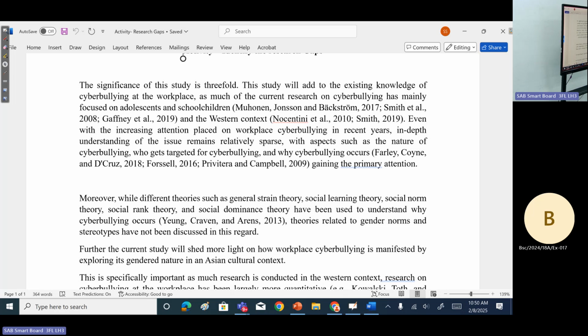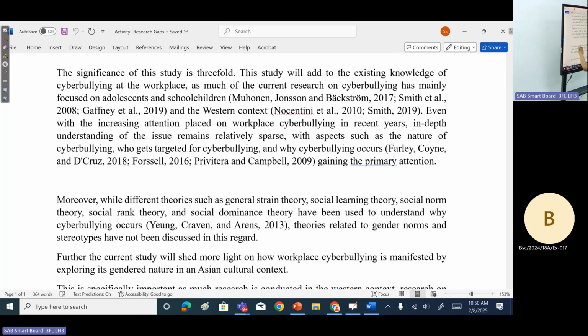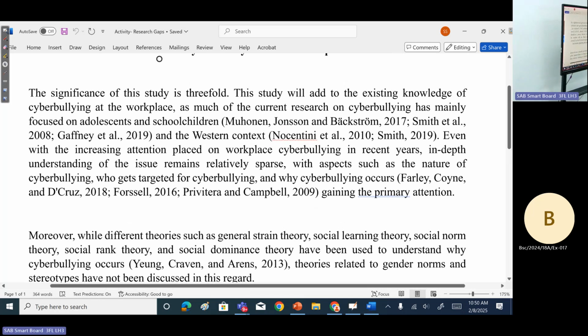Knowledge gap. Exactly, Huda. Some of you identified it as a population gap.